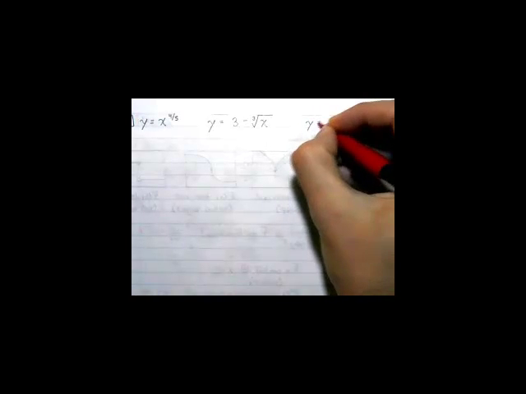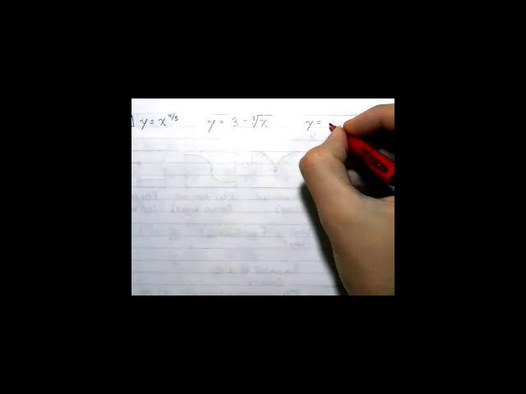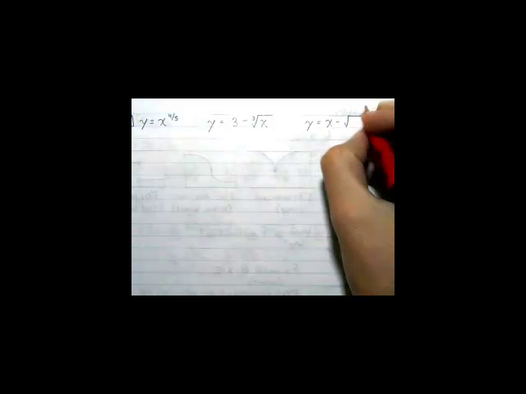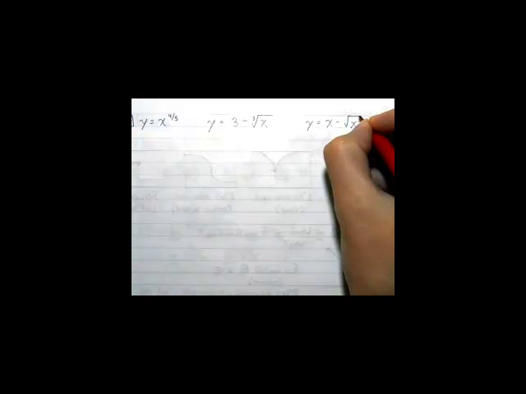And x minus the square root of x squared. So take a few minutes, type each one of those in, take a look at the graph, see if you can identify where the problem is, where the non-differentiability is, and what the issue is for each one.